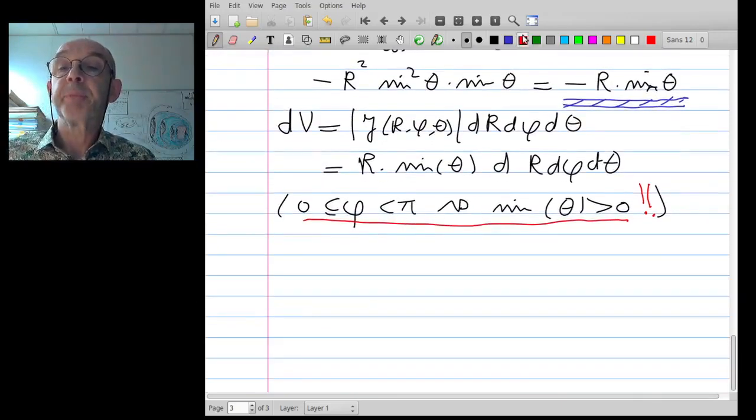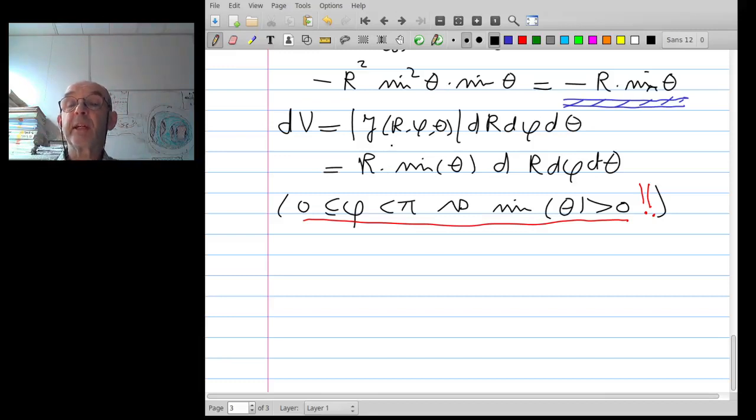So for those spherical coordinates, now I see I have forgotten something. You have an r squared, yeah, r squared. So this is your correction term.